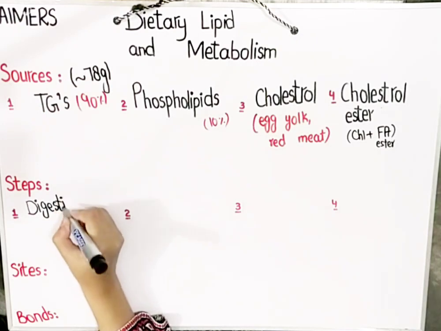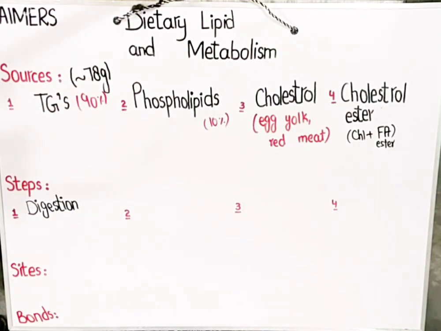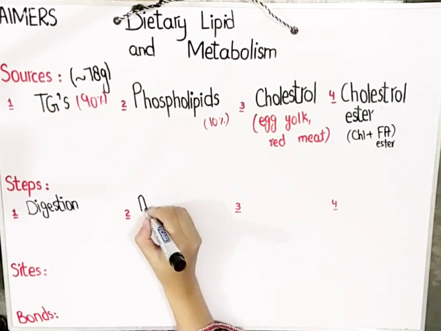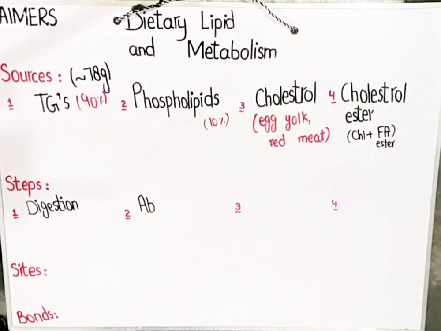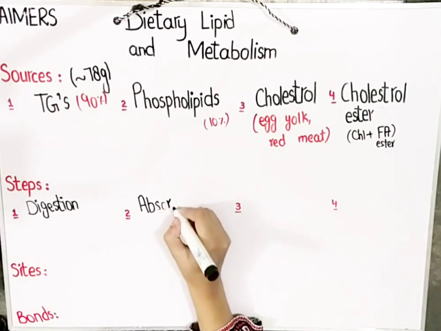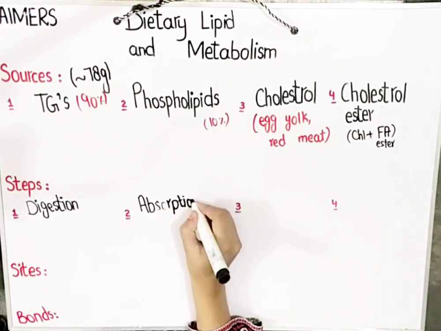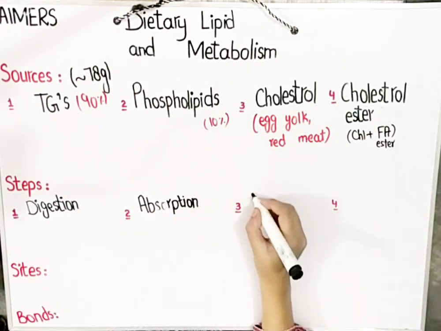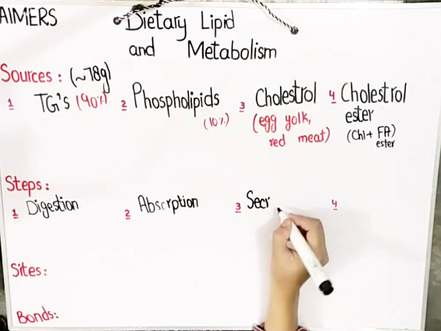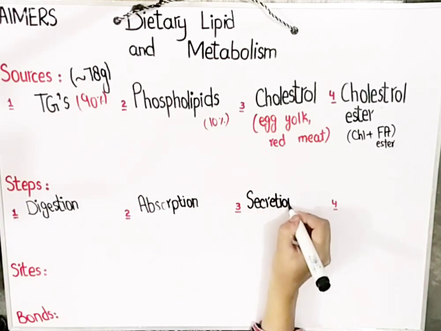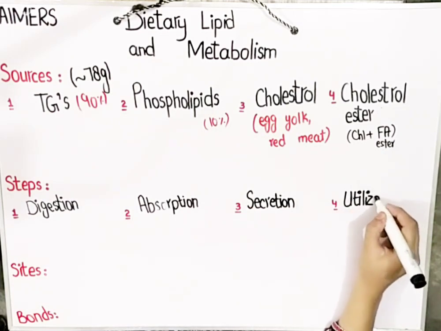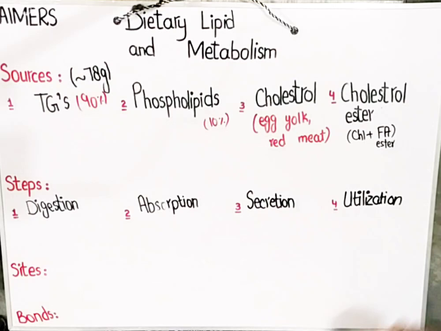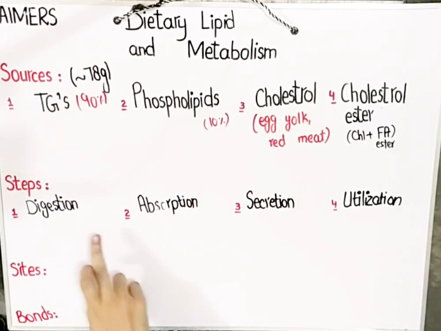Second step is the absorption of lipids. Third step is secretion. And fourth and final step is utilization of the lipids. So there are four important steps: digestion, absorption, secretion and utilization.